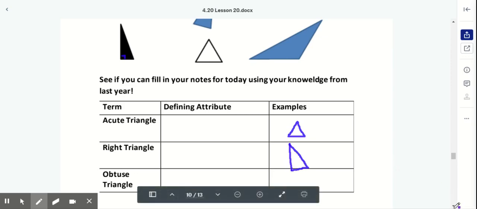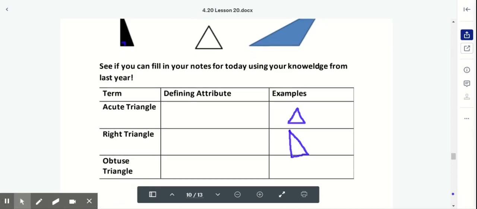A triangle that looks like that. Make sure that you have these examples written in your notes.